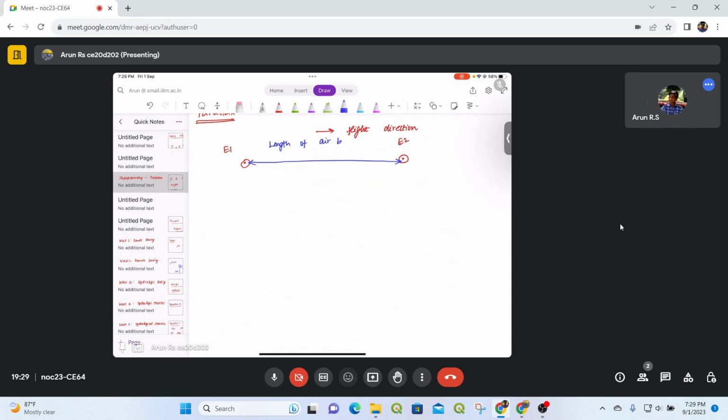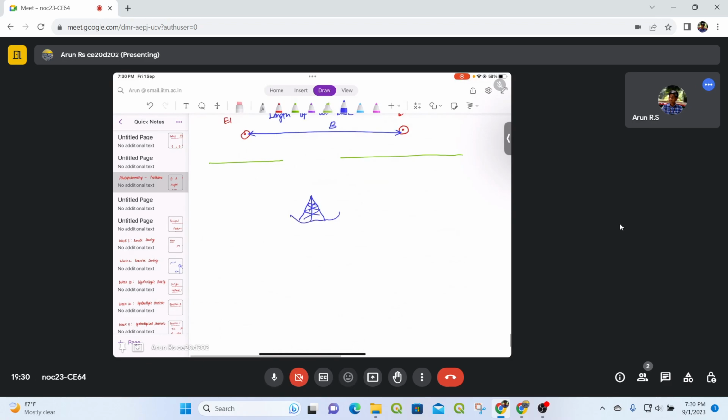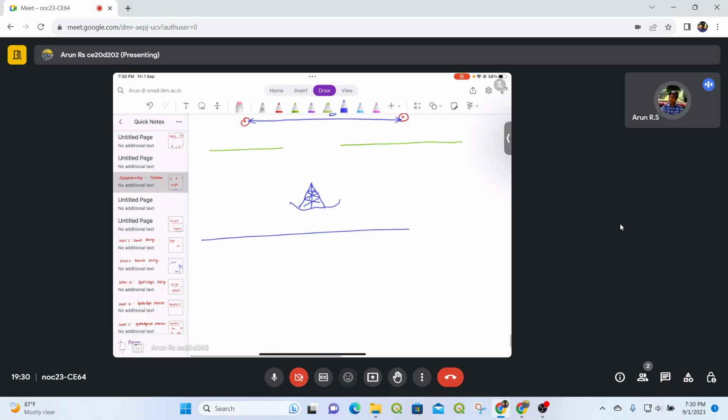The length of airbase is represented by the letter B. Exposure station 1 has a positive plate, and exposure 2 also has a positive plate. You have a tower on the ground, and your MSL datum is somewhere here.